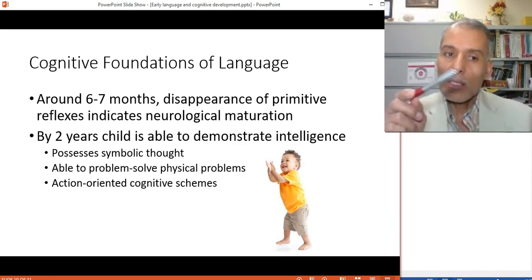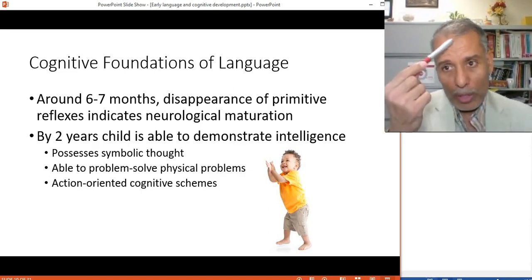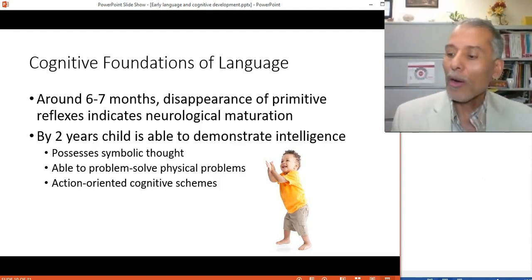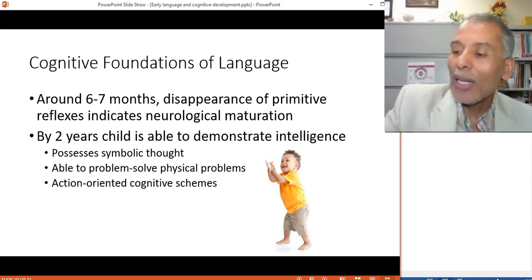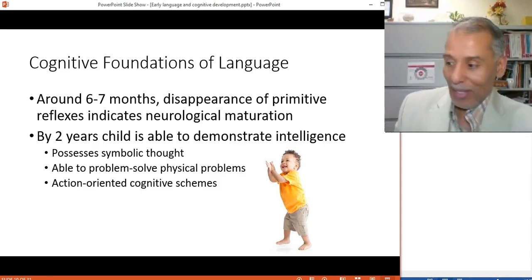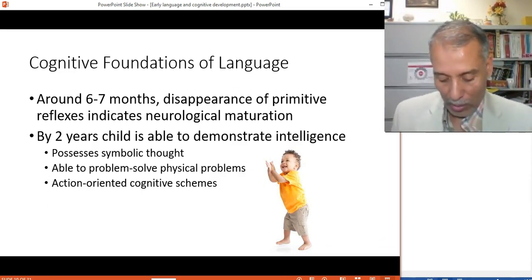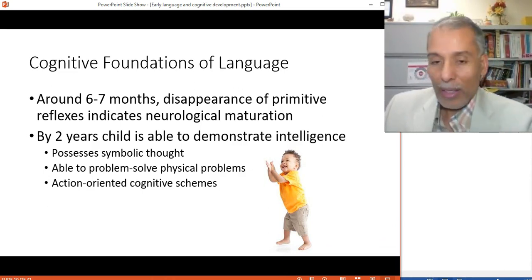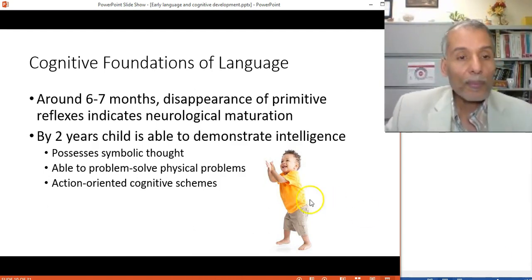And the fact that you start to transition from reflexive, non-voluntary behavior to voluntary means you have now the wires from the prefrontal cortex connecting to other areas of the motor system. So the behavior that you see gives you an indication about what is happening in terms of the anatomy that you do not see. And like I said, when we speak about memories and development, that can tell you how these tracks are connecting and so on.